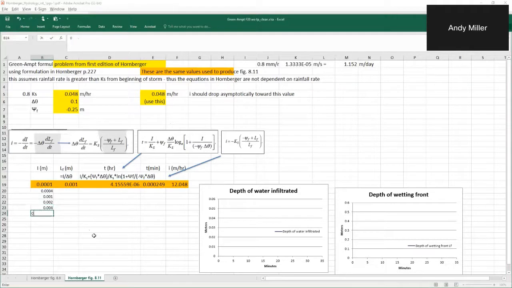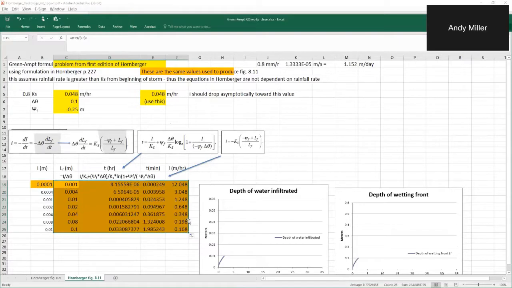I'm just making these up. I don't know how it's going to come out. 0.008, 0.01. Let's see what we get if we just copy those down. These are based on different parameter values, but the equations are the same. And the time in minutes is still only about 2 minutes.